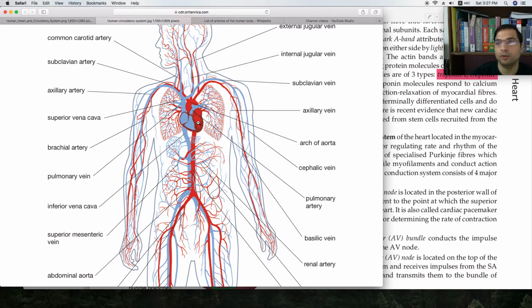So this is very important for us to know. This is very important because we are going to deal with certain diseases which involve the derangement of this circulation.